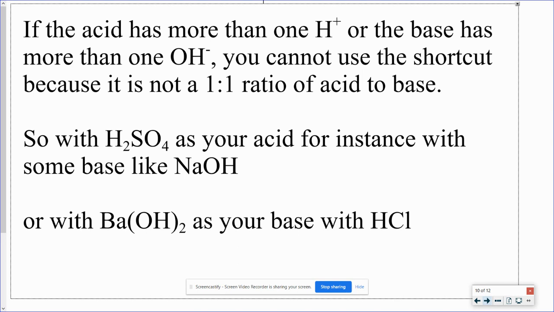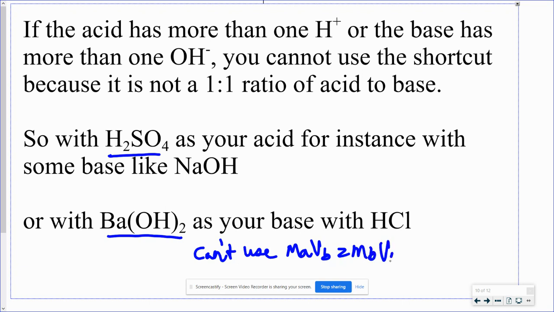So for instance, if you were using H2SO4 for your acid with some base like NaOH, or if you're using some base that had two OH's in it, like Ba(OH)2 as your base with some acid like HCl, then you can't use that shortcut MAVA equals MBVB, because it will not be true.